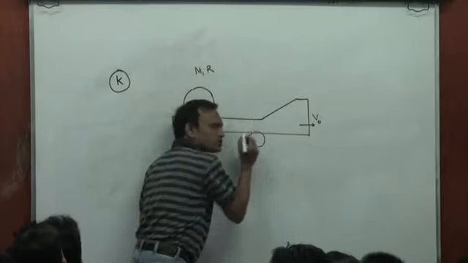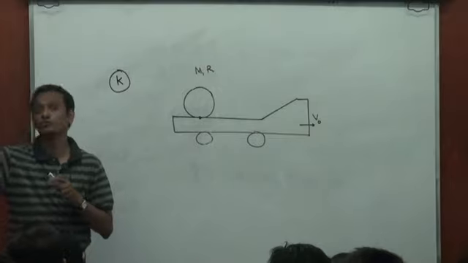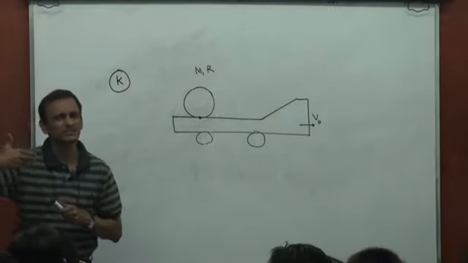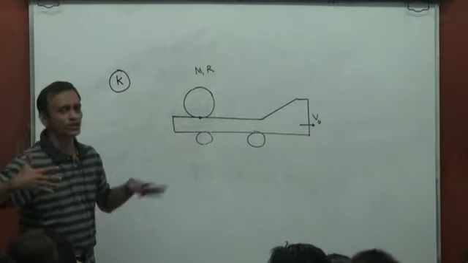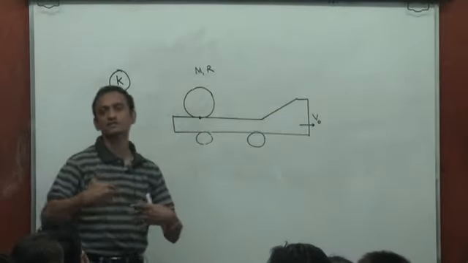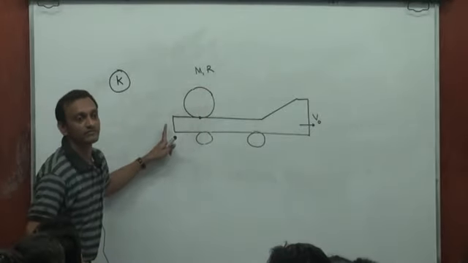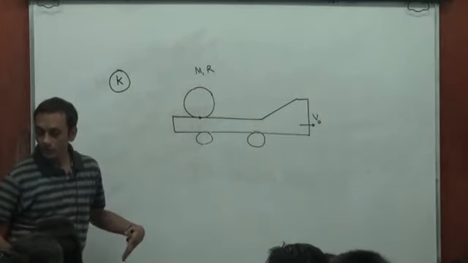Would you guess the direction of friction? Although we can do that without that also, but just for the heck of it, when I lower it onto the truck, what would you estimate as the direction of kinetic friction acting on the sphere? Right, left?